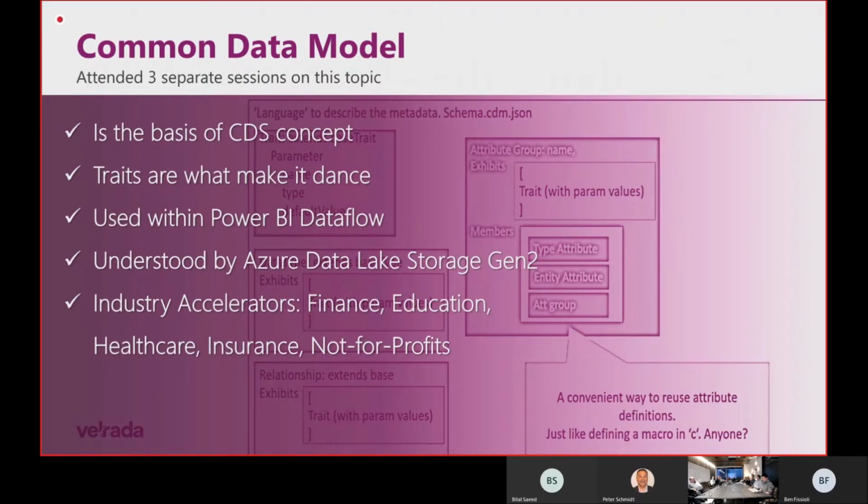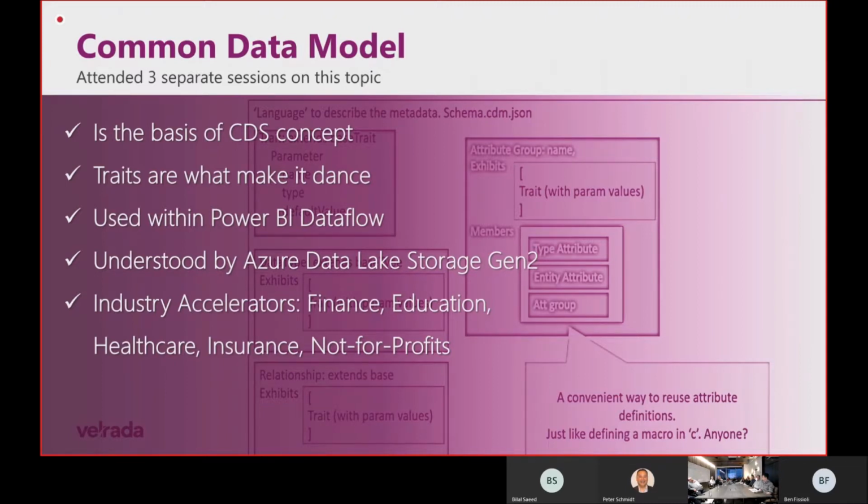So all of a sudden you can use the common data model through those industry accelerators and change the meaning or the definition of customer, so that when I'm reporting against it or when I'm interacting with my patient system, I can actually make my Dynamics CE or my Salesforce tie directly into that industry-specific patient system using its terminology. And this is where the common data model comes into play.